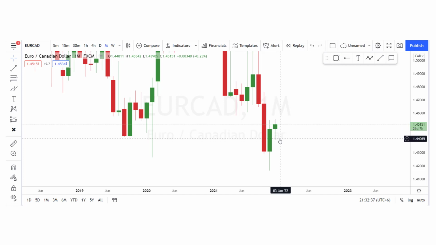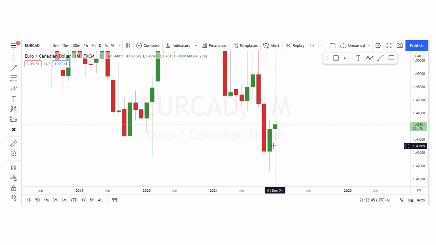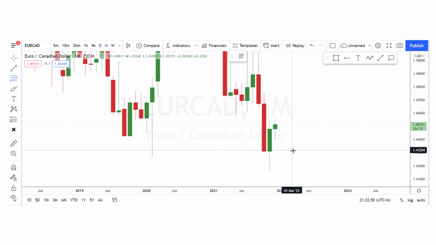Now we know that according to the smart money concept, when price leaves this kind of imbalance area, then price tries to fill up at least 50% of this imbalance area. So let's see with Fibo what happened right here.